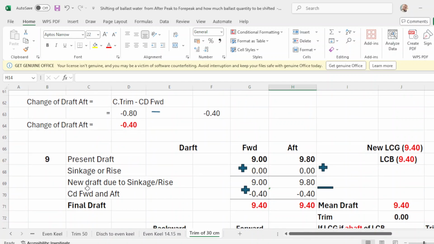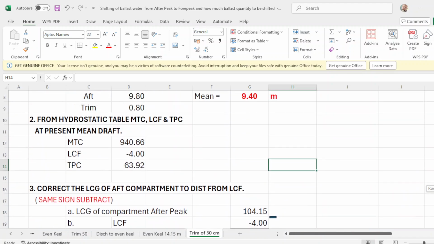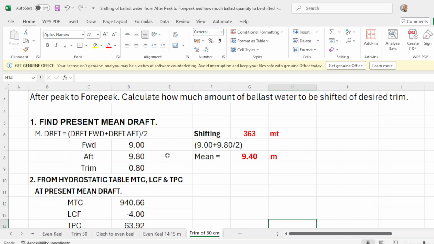So our present drop as of now is forward 9 meters and aft 9.80 meters, which is this one. So this is our initial draft or present drop.